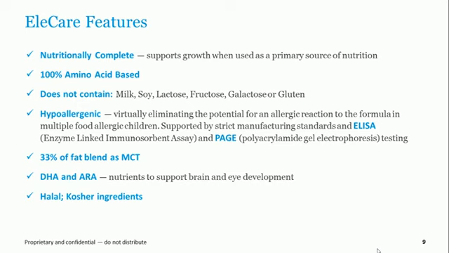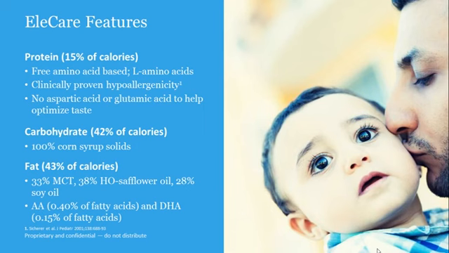So we do both ELISA testing and PAGE testing on each batch to make sure that there's no contamination at all left. Because they're used also for children that may have protein maldigestion and protein malabsorption, 1/3 of the fat blend is medium chain triglycerides. We have DHA and ARA, of course, added, and they're halal and they contain kosher ingredients.